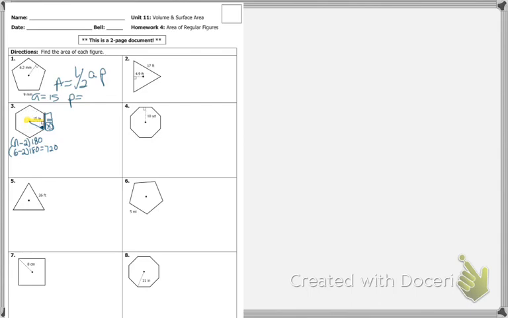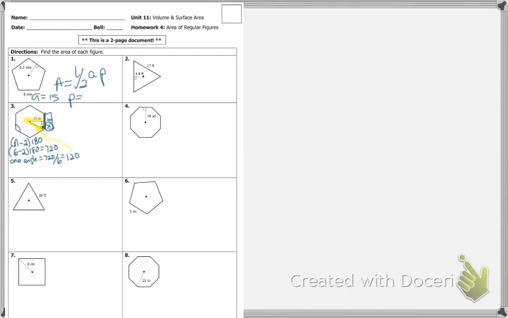Well, if I want to know just one angle, it's a hexagon, so one angle equals 720 divided by 6. That's 120. We know that this whole thing is 120 degrees. Well, it's a regular polygon, which means this line right here is cutting it in half. So you have 60 degrees.